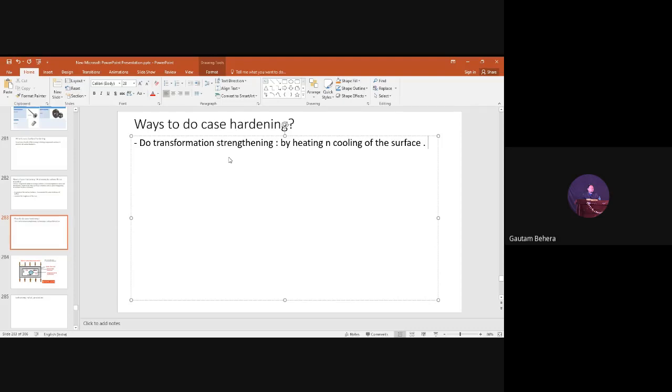That means we have to do heat treatment of the steel in such a way that it should be very fast, so that only the surface or up to certain depth from the surface will get heated up and then cooled or quenched, and it will get hardened by formation of martensite. So one is transformation hardening, or transformation strengthening.